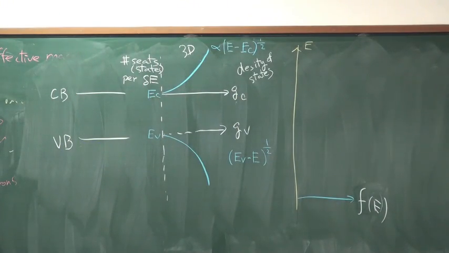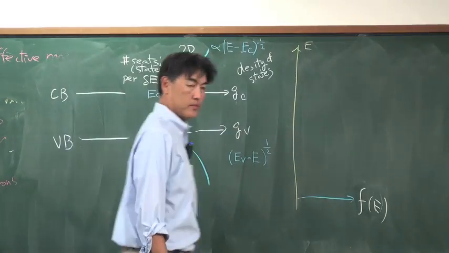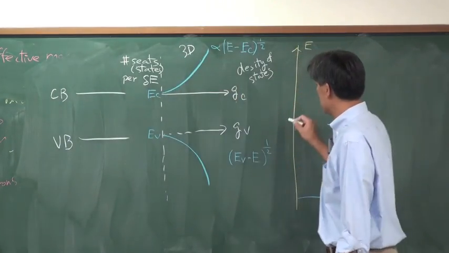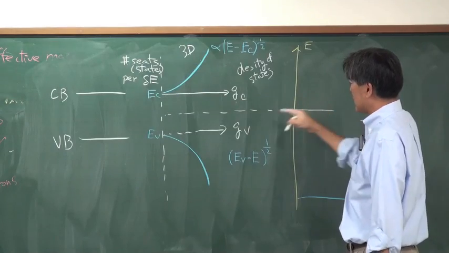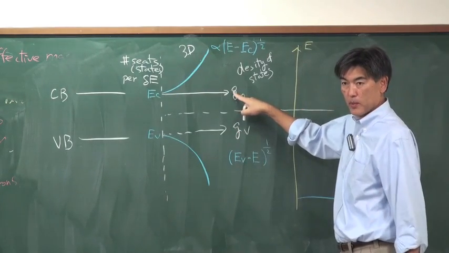And this depends on the Fermi level. So let's assume the Fermi level is exactly at the center of the valence band and conduction band.